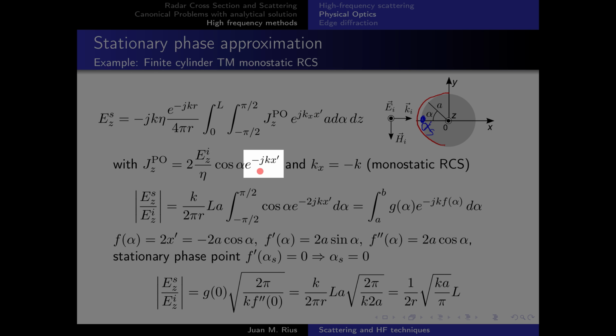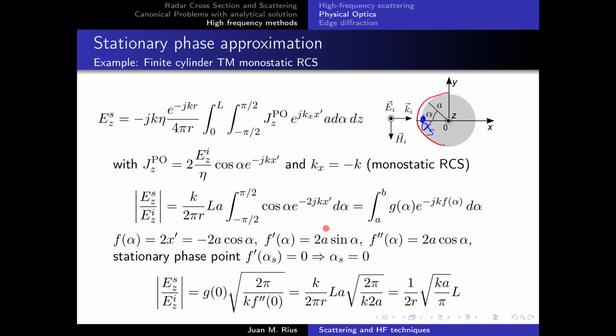The phase of the physical optics current is due to the path from the source to the surface point. The phase of the radiation integral is due to the path from the surface point to the observer. We have to sum the two phases, and in this case, it was a monostatic case. We obtain twice the incident field phase, because in this case the observer is in the opposite direction.